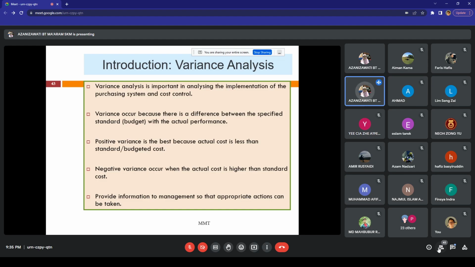But if they get a negative variance, for example, right now it's the rainy season, so a lot of areas have been affected by floods, and they have to provide emergency funds to the affected families. So if they don't do the planning properly, the actual budget will be higher, not because of the planning, but because of the unexpected.